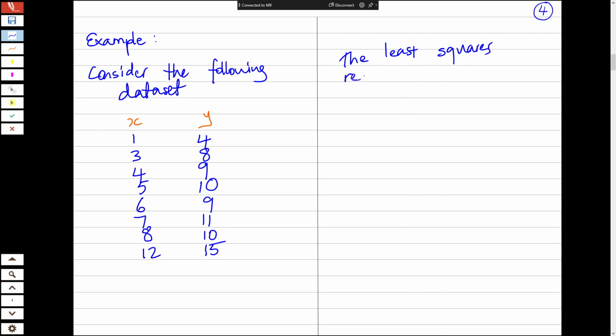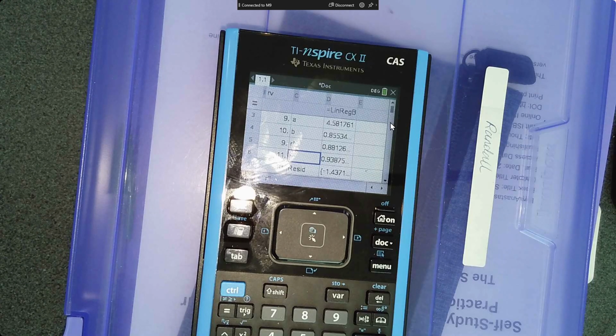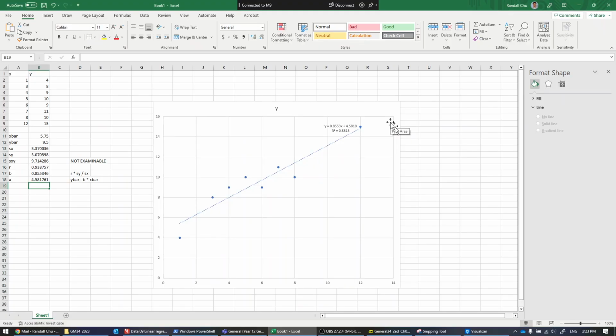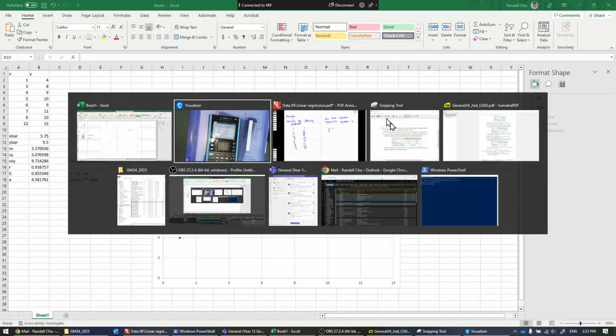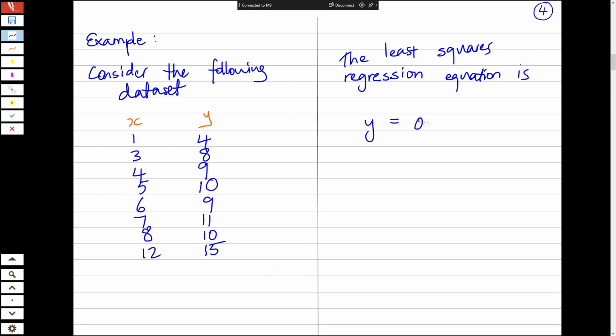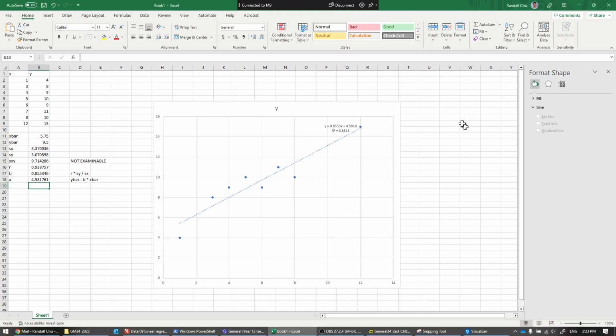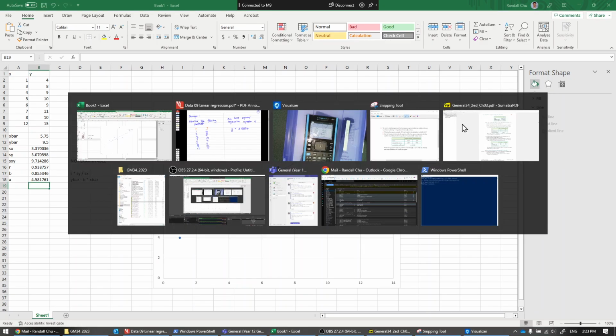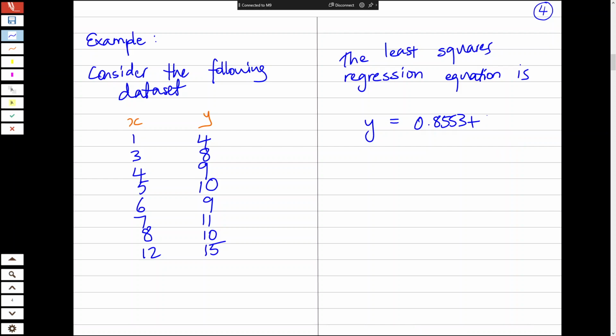If you do this on the CAS, as I just did in Excel, y equals 0.8553 plus 0.45818x.